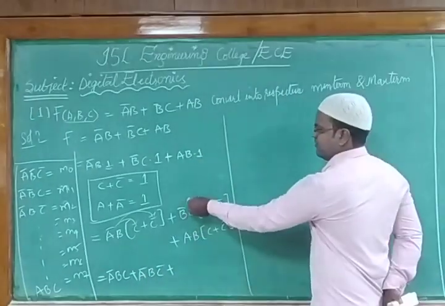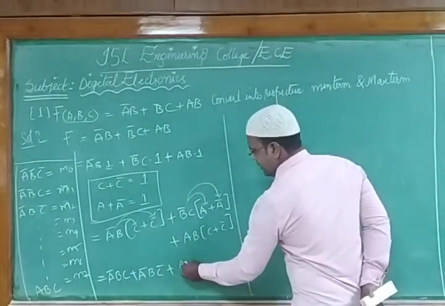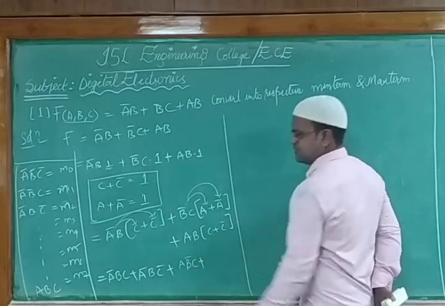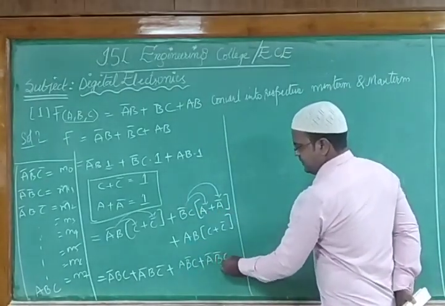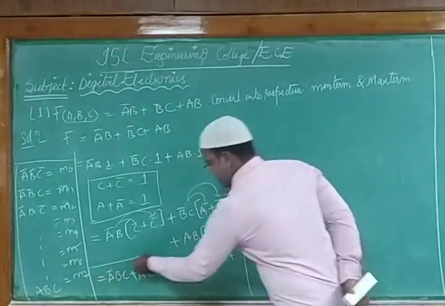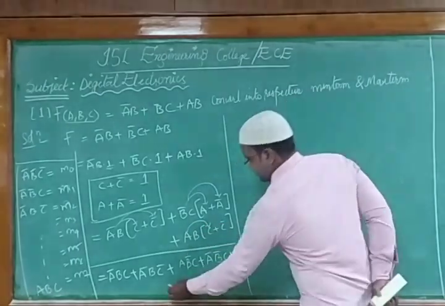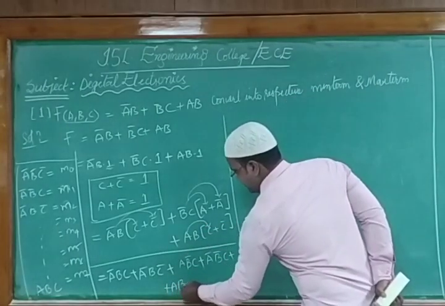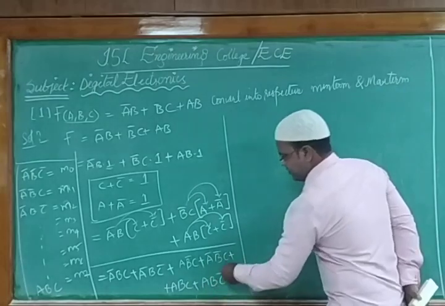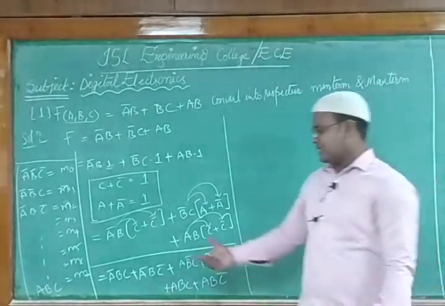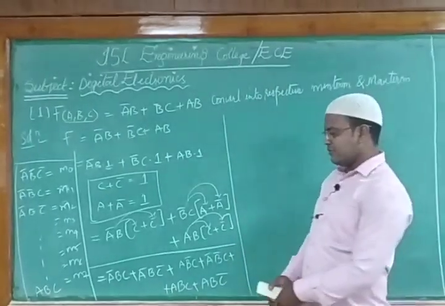Plus this factor multiplied with first as well as second: A B complement C, plus A complement B complement C, plus ABC, plus ABC complement. Now see whether anything is repeated or not.